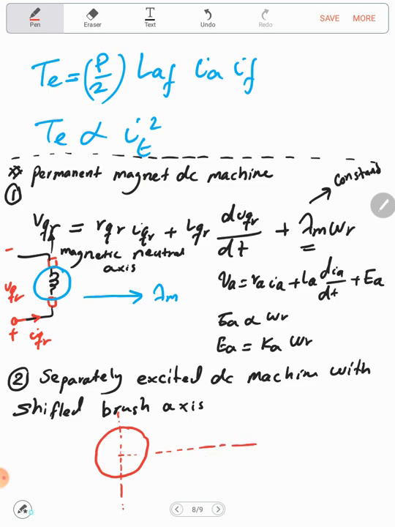The field is here. Let's assume we are connecting plus minus V_ds. This should be the I_ds. Now let's assume that the brushes are shifted to this point, for example.